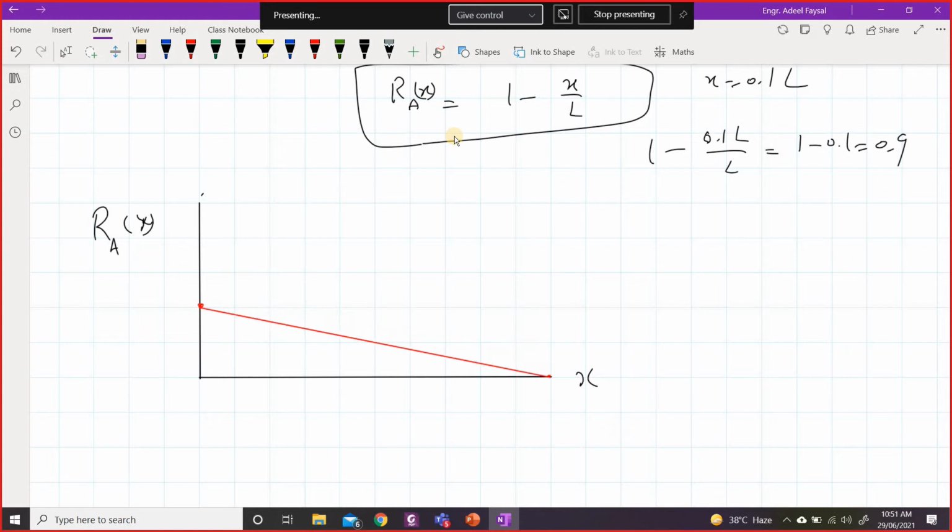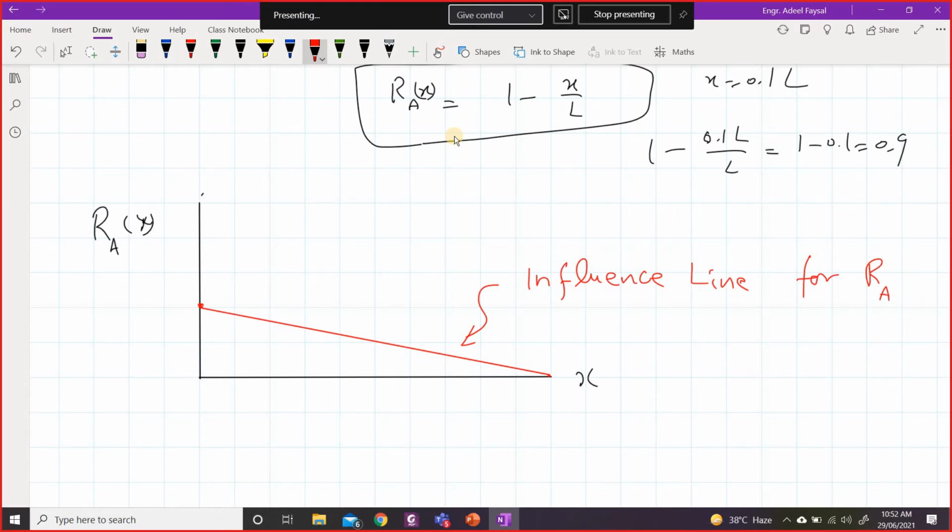This will be a straight line because it's a linear function. So this line is called an influence line. Sometimes we call it influence line diagram, or often simply influence line. This is the influence line for RA, the reaction at A.